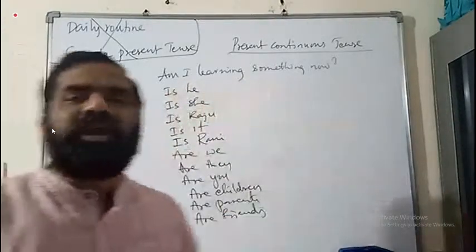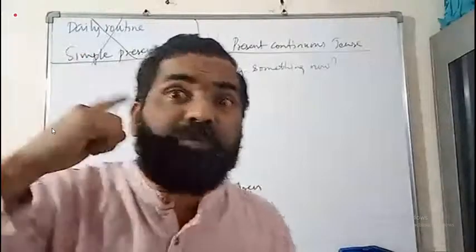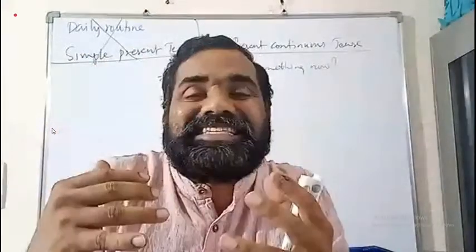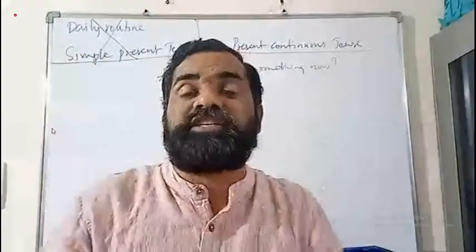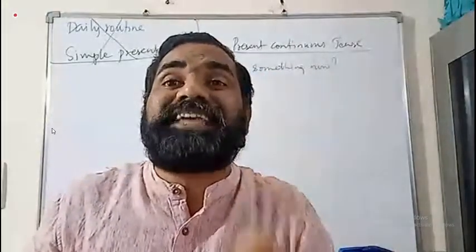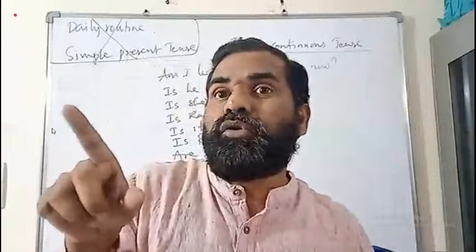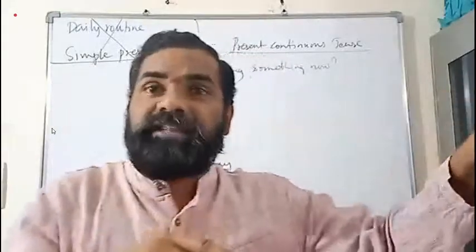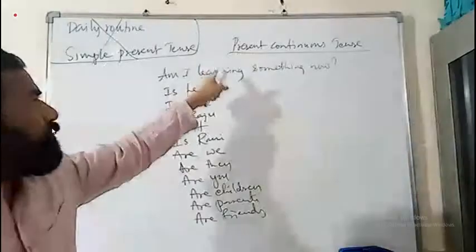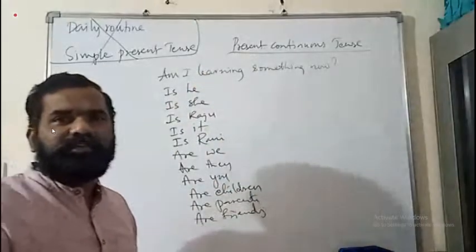Am I learning something now? Are you listening to me now? So like this, please write yes or no questions. For singular subject, it is is. Is he disturbing you? Is she helping you? Are they playing in the ground? So please write down these. All right.